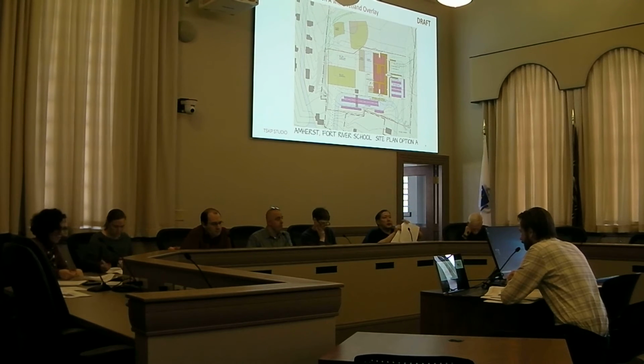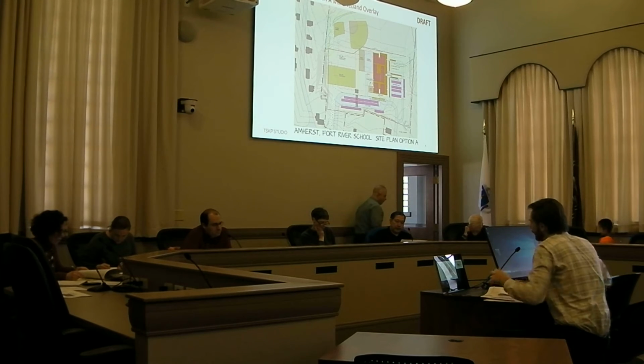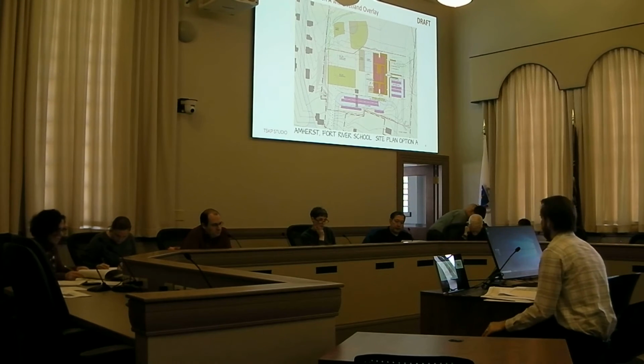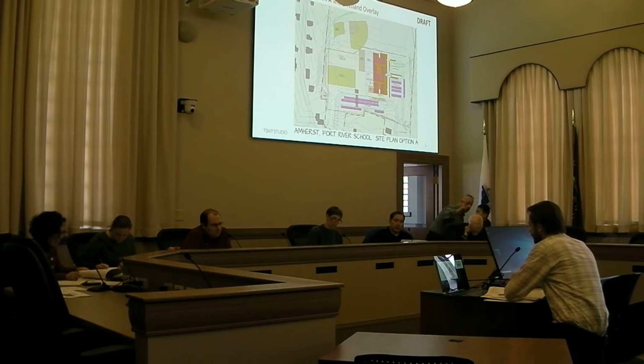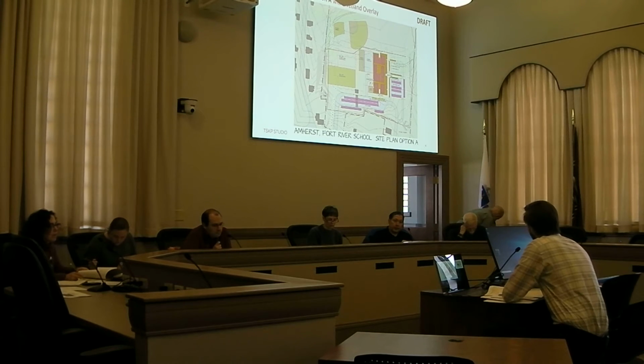Option A shows the approach driveways interrupting that sliver of wetland at the south side of the site. This doesn't seem to us to be a developmental problem because regulations allow us to relocate up to 5,000 square feet of wetlands. And that area of wetlands that we're impacting in option A is 3,000 square feet.